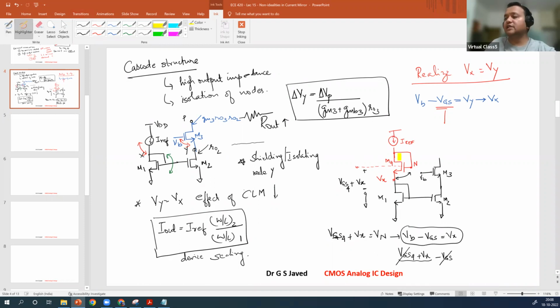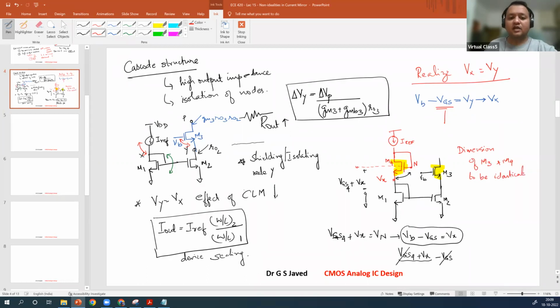Then you have to understand that this transistor and this transistor dimension should be the same. So the dimensions of M3 and M4 should be the same or identical.